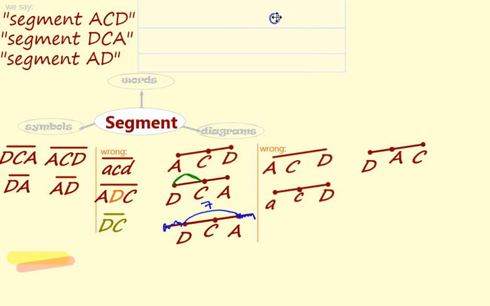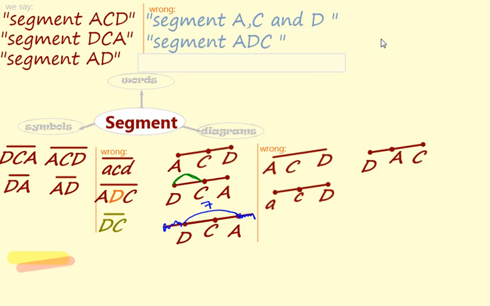And in words, you're very familiar now from the example of lines and rays that we cannot refer to a segment as segment A, C, and D, because it's just a list of points, not what we're discussing here. We cannot say segment ADC. Do you know why? D is in the wrong place.